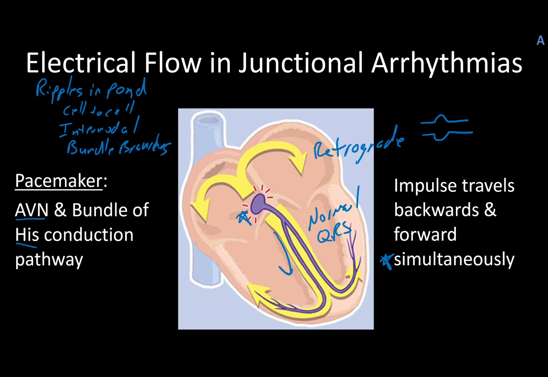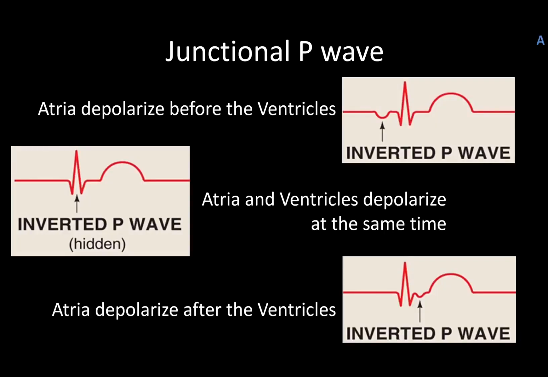So let's take a closer look at that. And here are the examples of how that inverted P wave might appear depending on the timing. So two important things that I want to point out to you is that it will always be inverted, and when it appears completely depends on the timing.